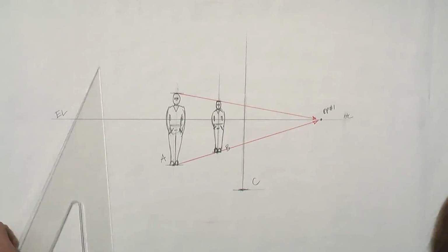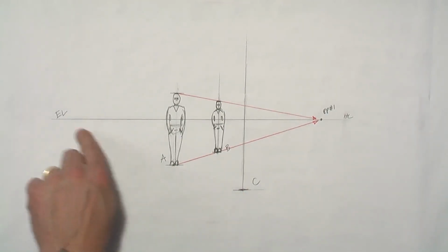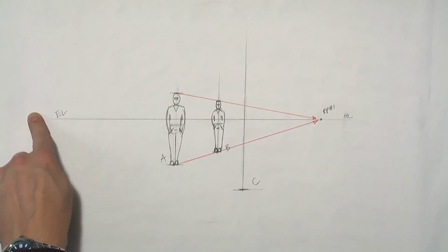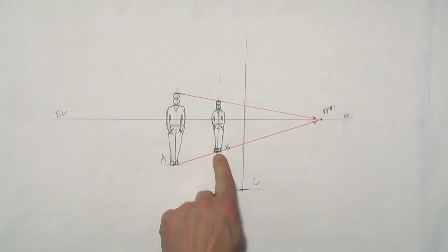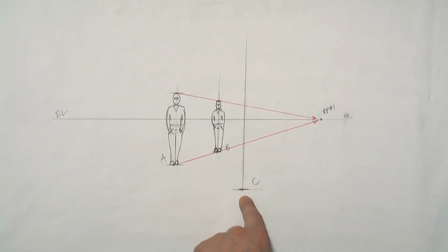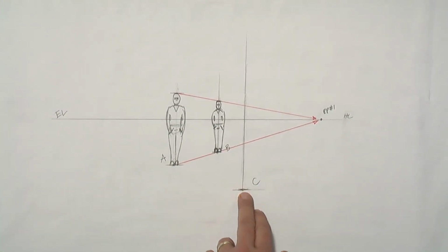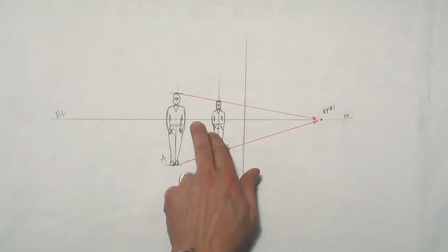Same idea now. How do I get the height of C? Well, I could reference through A and go way over here if I wanted to. That's pretty far. That might be off your page. So since I already have an established B that's also the correct height for a figure at their position, I'm just going to go ahead and reference C through B instead of A because it's more convenient. I could do this, but it goes out here a bit. But just for the sake of good practice, I'll pick the most convenient one that's in the picture.